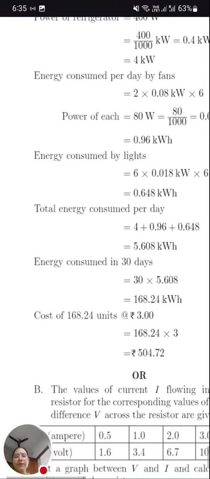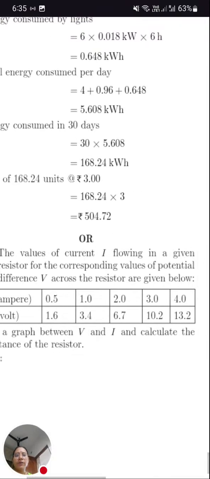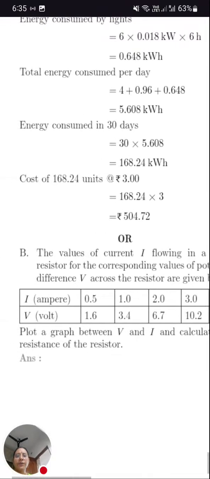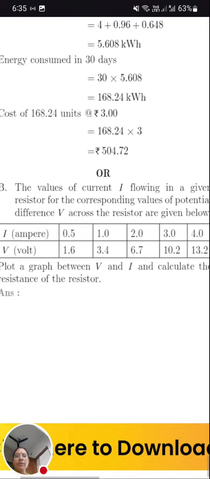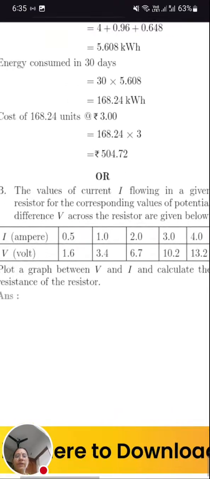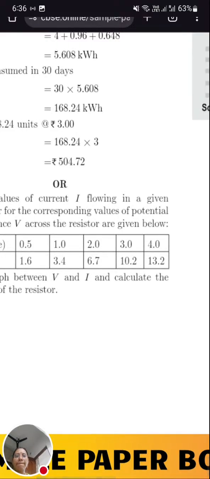So let me read the question first. Here the values of V and I are given for the following resistor. For the corresponding value of the potential difference V across the resistor, plot the graph and calculate the resistance of the resistor.